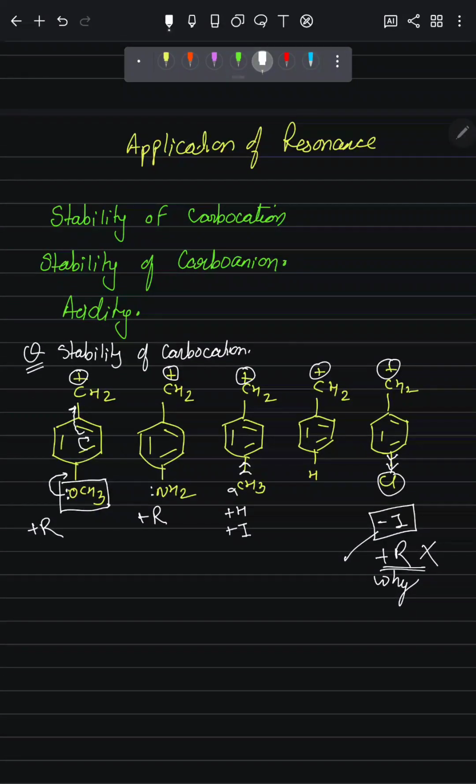So if we take these as 1, 2, 3, 4 and 5, the order of stability is as follows.